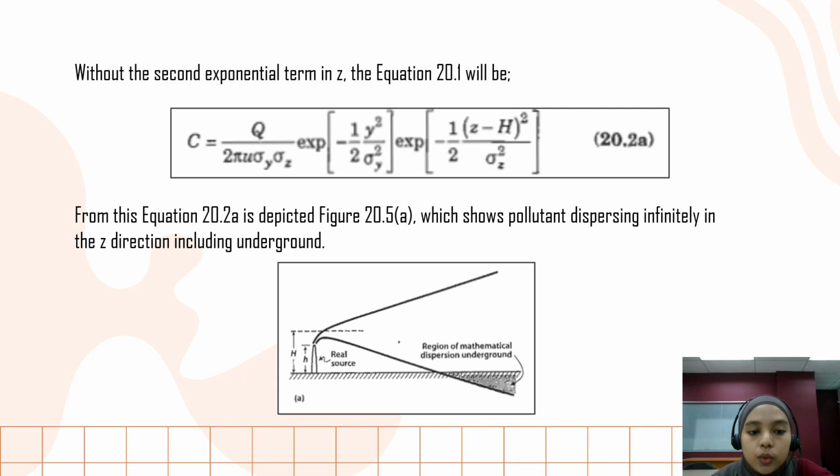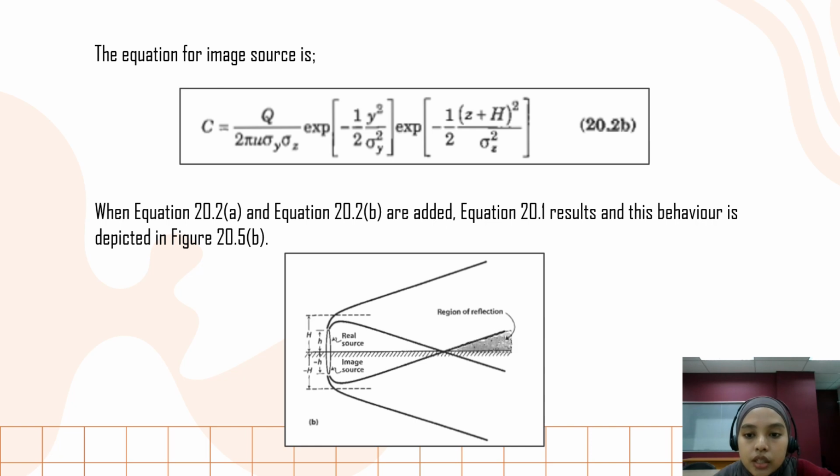Figure 20.5a shows that the pollutant disperses infinitely in the z direction, including underground. Next, equation 20.2b is for the image source. When equation 20.2a and equation 20.2b are added, they result in equation 20.1, and this behavior is depicted in figure 20.5b.